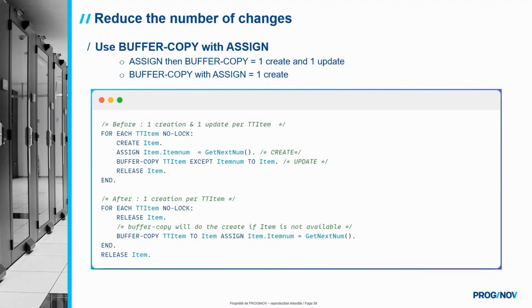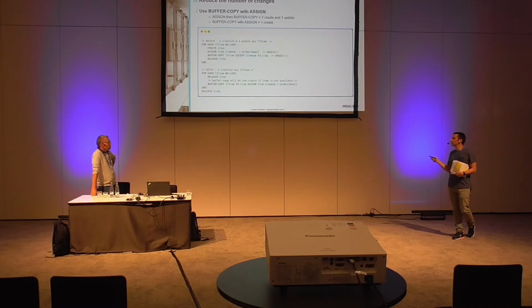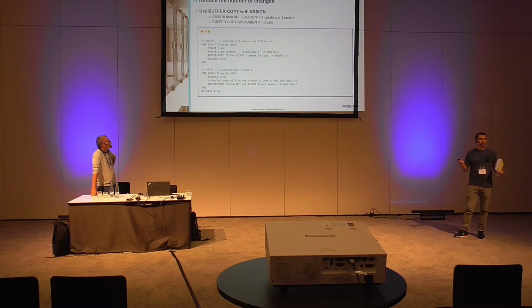And one last example, if you are using buffer copy in your code. In the old code we are creating items from a temp-table. So we assign the item number from a function, and then we do a buffer copy to copy every other value.